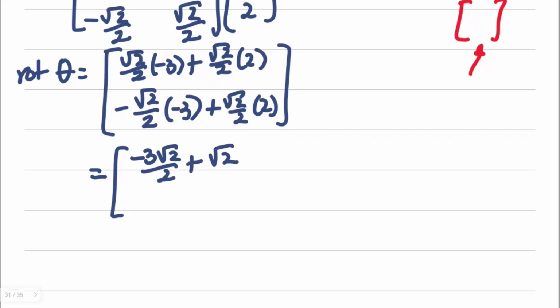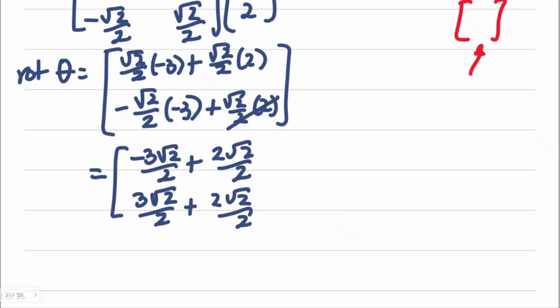You can have something like that, or you can just not simplify the 2 here. So you will have 2 square root of 2 over 2 so that we can actually combine this later. Similarly, you have positive 3 square root of 2 over 2, then plus 2 square root of 2 over 2. Again, I did not simplify this because I can still combine them into this form.